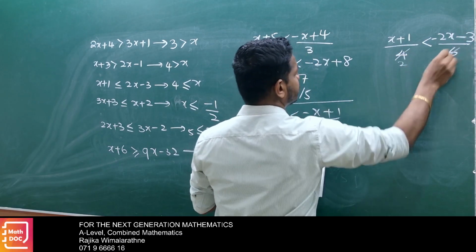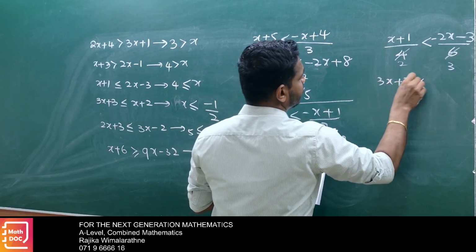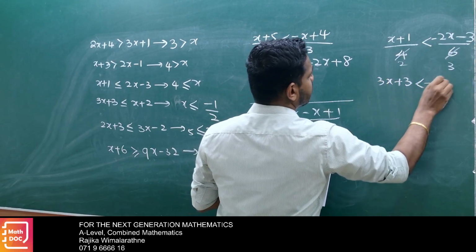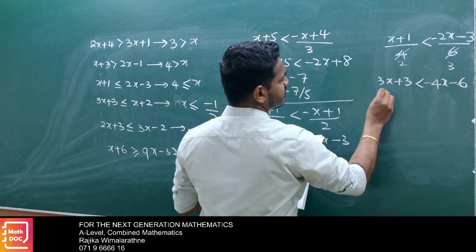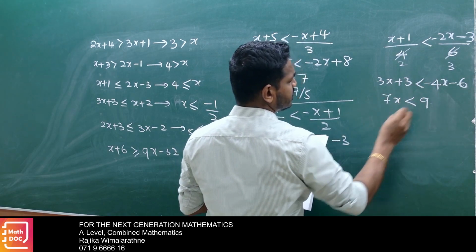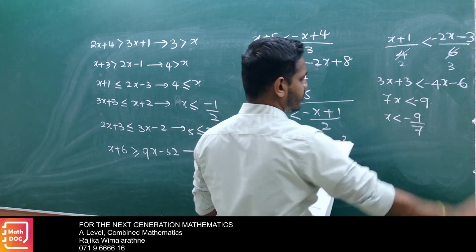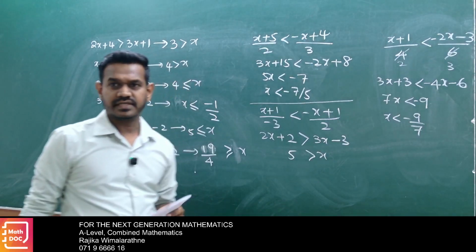And here 2, 3 cross multiply, 3x plus 3 minus 4x minus 6. Check your answers.